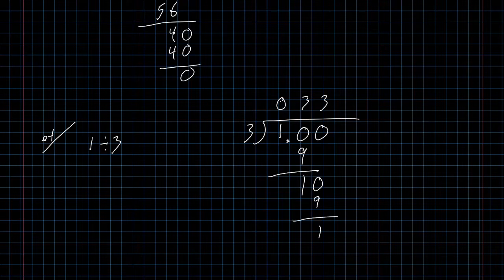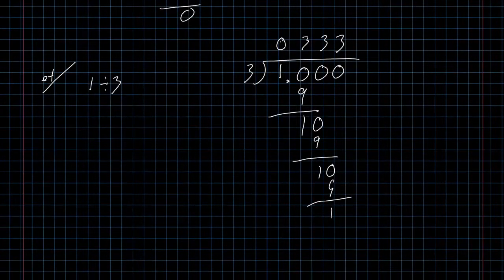All right, that's not a 0 remainder, so let's add in another 0 so we can drop it down. And 3 goes into 10 3 times. 3 times 3 is 9. Subtract that off and you get 1. Add another 0.